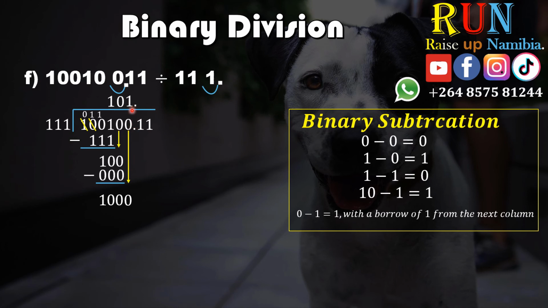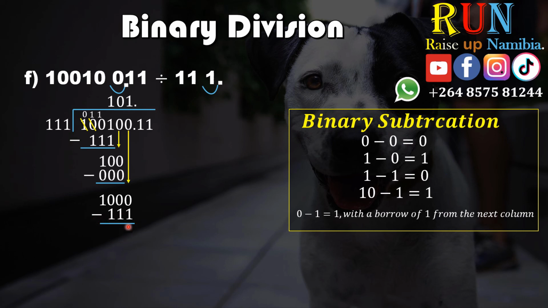So when you write that 1 down, you put the dot. Okay? Because we cannot ignore the dot. And then you say 1, because remember we just wrote down this 1. Then you say 1 multiplied by 111 equals 111. So we write it down here. We draw our line and then we subtract.